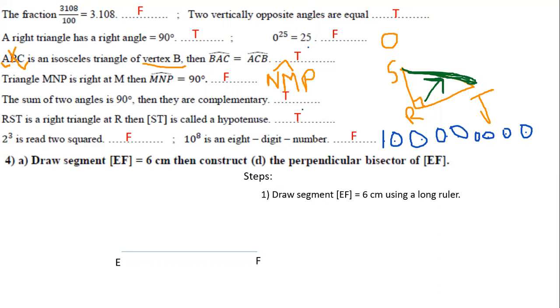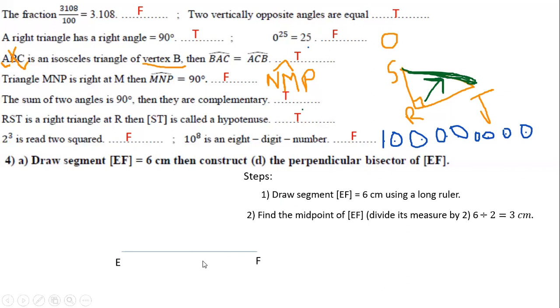Who knows? The midpoint. Bravo, we should find the midpoint. Why? Because the perpendicular bisector is a line perpendicular to the segment at its midpoint.